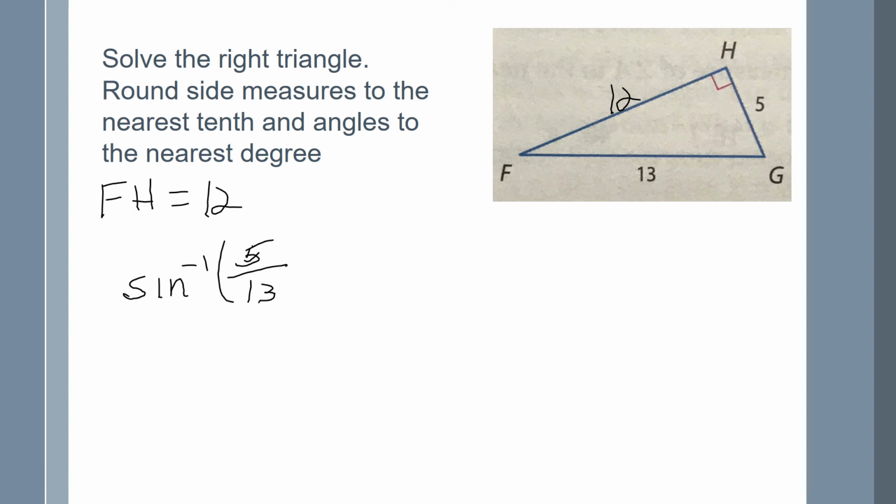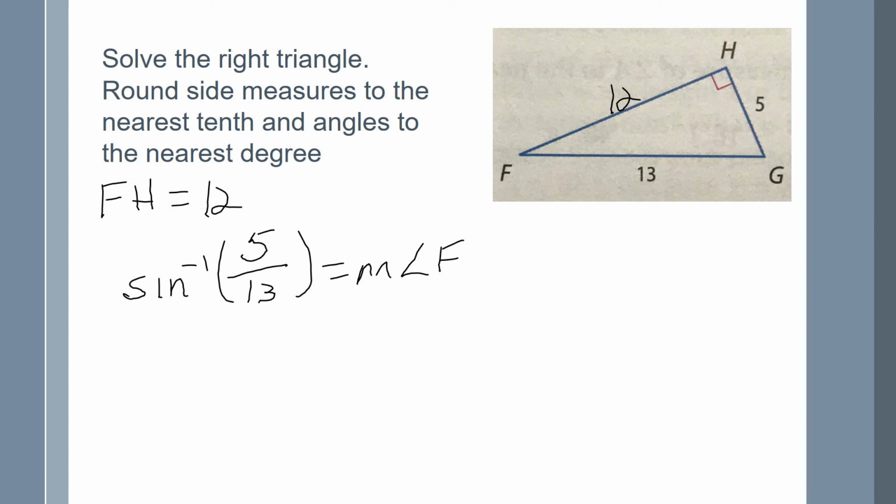is equal to the measure of angle f. I hate when my letters don't come out right on the drawings. So here we go. Trig function, inverse sine, and that's 5 divided by 13.